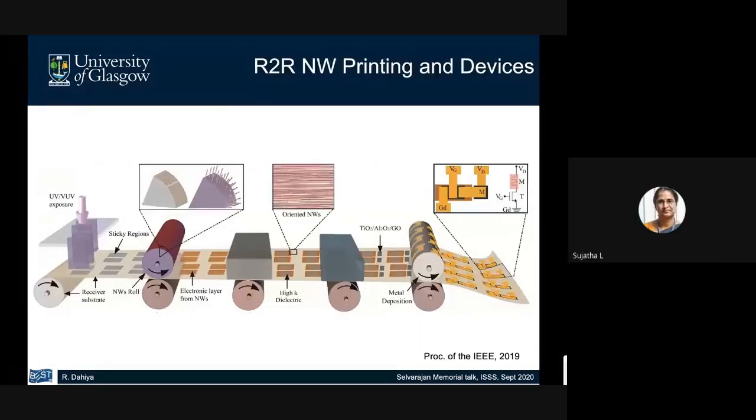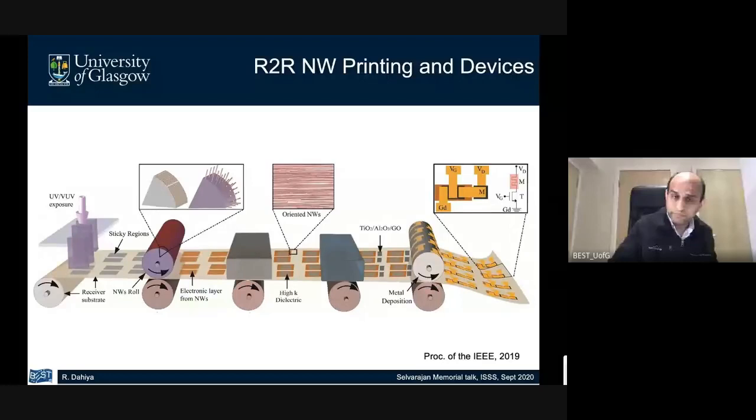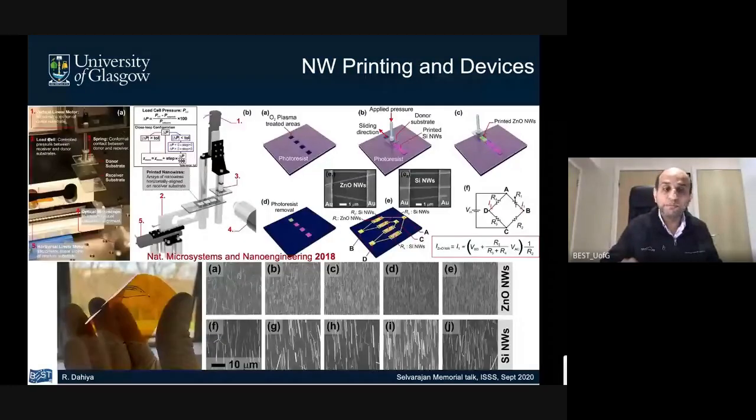So this is an important direction for us. This is important in the context of electronic skin, because you have to have distributed computing as well, and printing over large area also enables distributed computing. So here are some examples. One of the first versions of our printing setup is shown here.